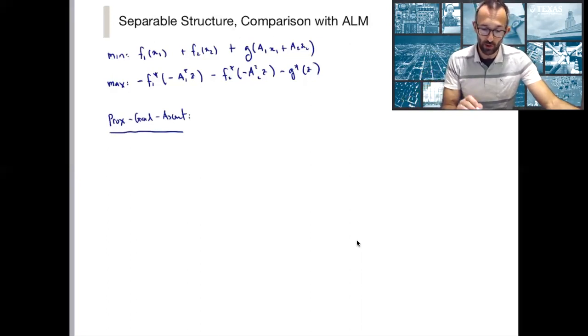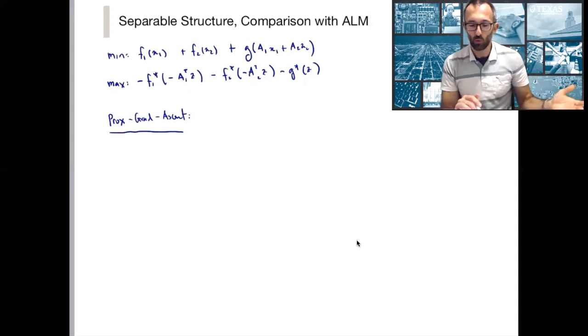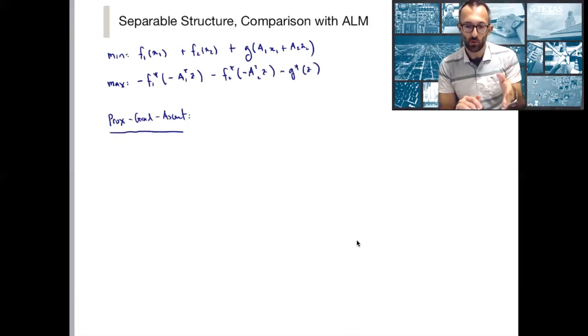If we're going to do proximal gradient ascent, and we're going to assume that f1 and f2 are strongly convex, so that f1 star and f2 star are smooth, then what do we roughly expect this to look like? z_{t+1} is going to be prox with respect to g star of z_t plus, because we're doing gradient ascent, lambda times the gradient of f1 star plus the gradient of f2 star. Then we're going to recognize that the gradient of f1 star and the gradient of f2 star just amount to x1 hat and x2 hat, where those are minimizations of the Lagrangian function.